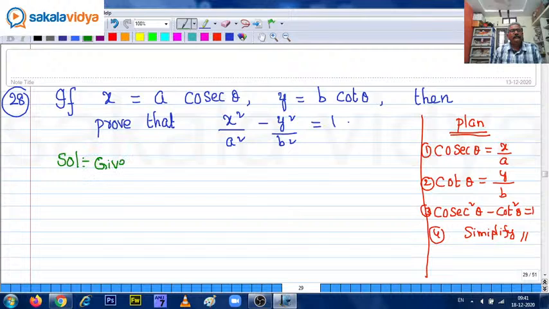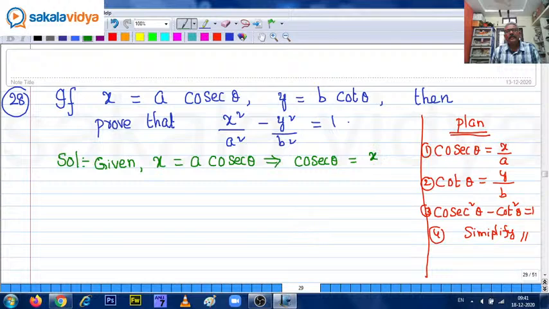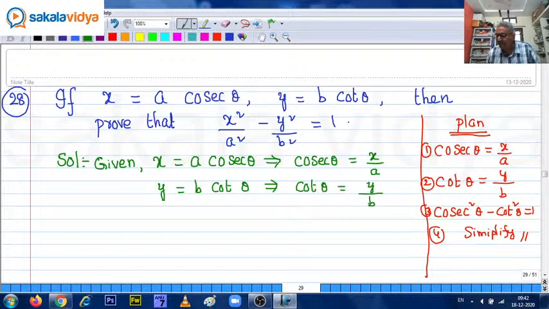Given x is equal to a cosec theta. So cosec theta equals to x upon a. Y equals to b cot theta. So cot theta equals to y upon b. Now what shall we do? Yes, Rajesh, you are correct.